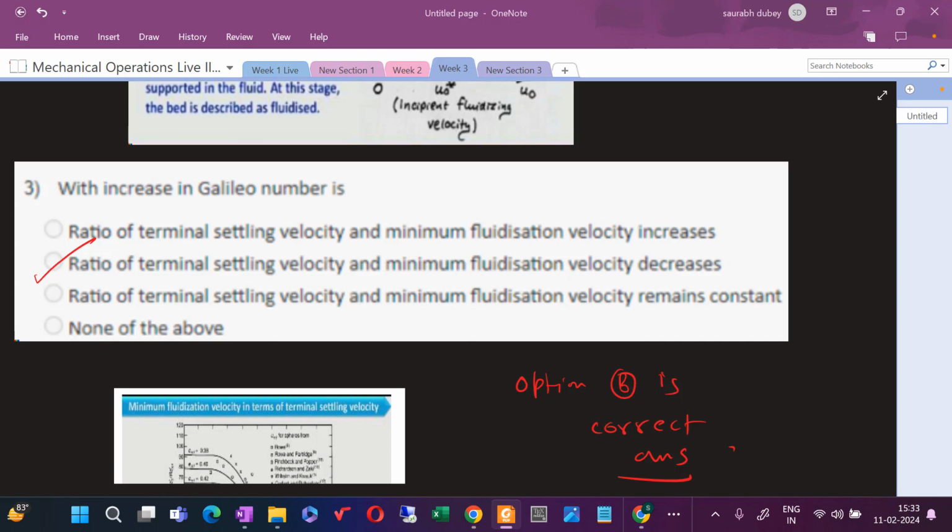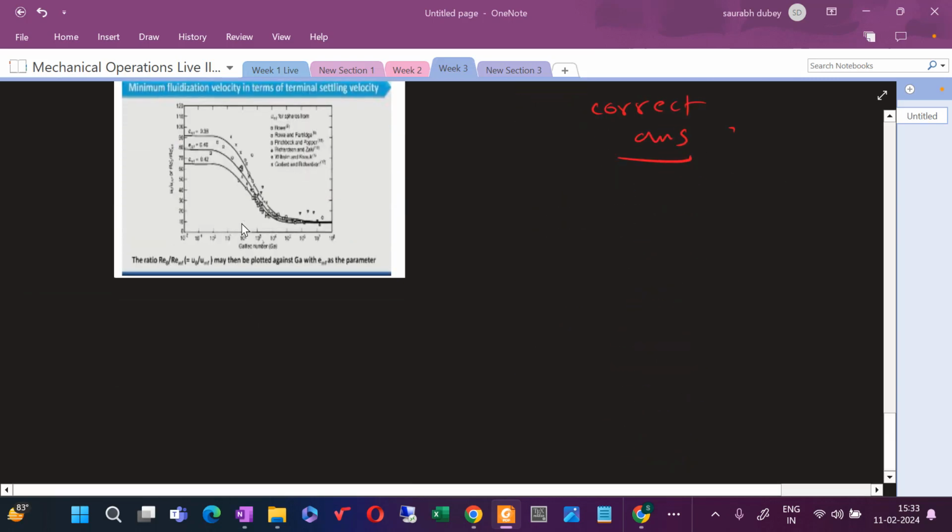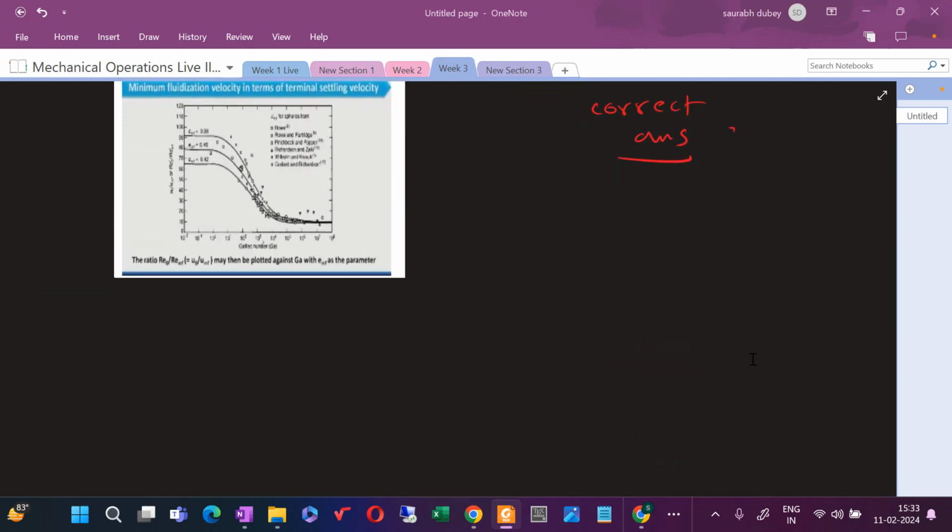So here you can see that when the Galileo number is very small, the ratio of the Reynolds number at terminal falling velocity will be higher in comparison to that at a higher Galileo number. So it is clear, and now we will move towards some other question.